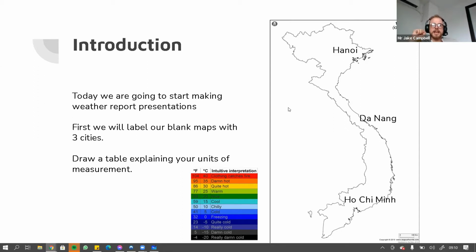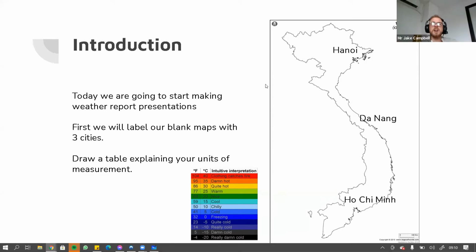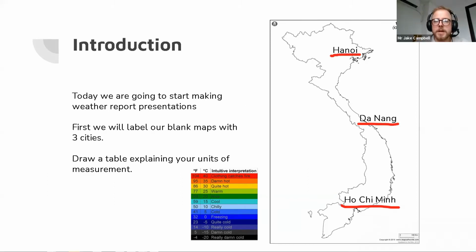I'd like you to do that now. Write the names of the cities in the correct places. You can look at my picture. I want you to write them on both of your maps. Okay, so I'm going to stop sharing my screen. We should have done this by now. It's a very simple and quick task, that one. And I'm going to come back over here.